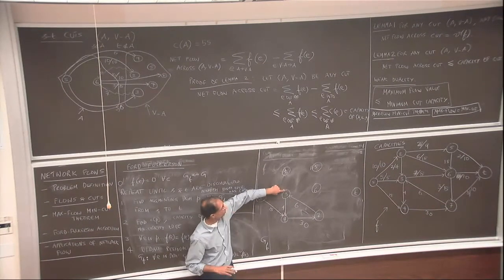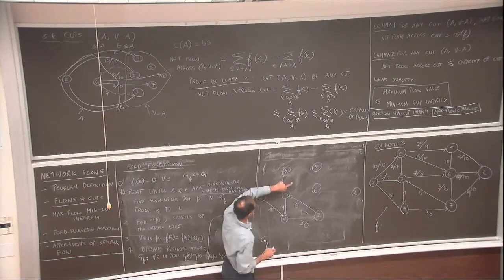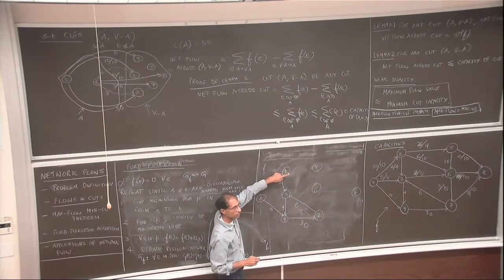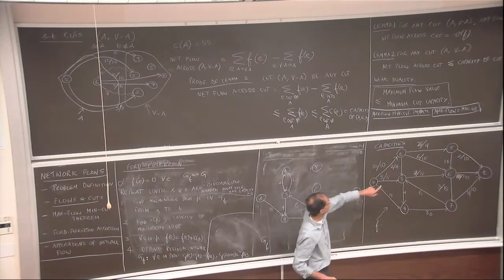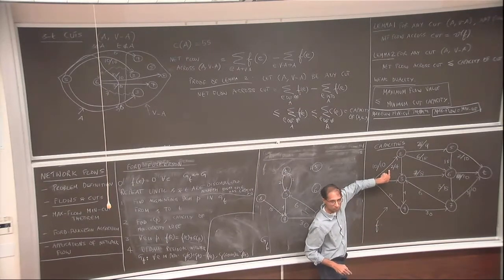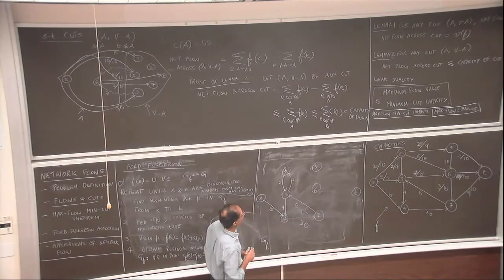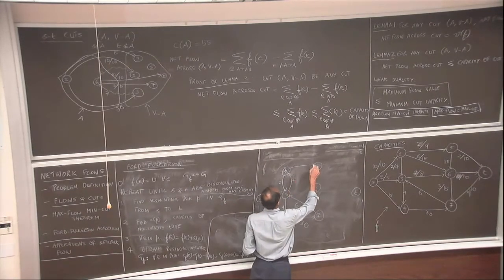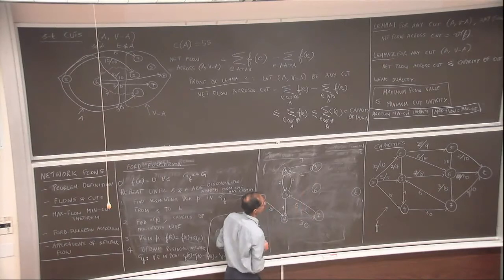2 to 3. What's its capacity? 2. But there's a reverse edge whose capacity is 2. One 2 comes because of 4 minus 2. The other 2 comes because of the flow. Okay, 2 to 5 capacity 7. 5 to 2 capacity 2.